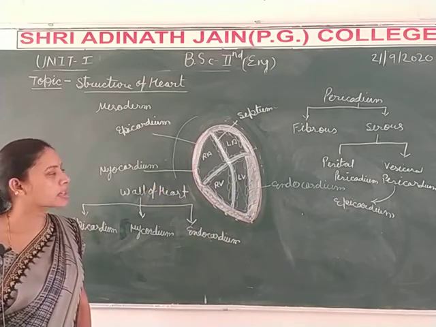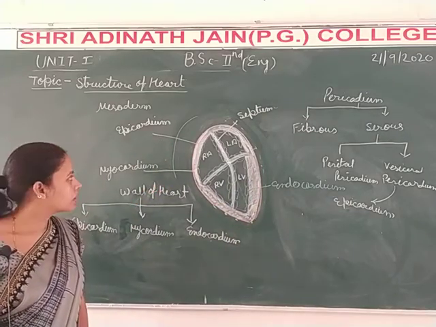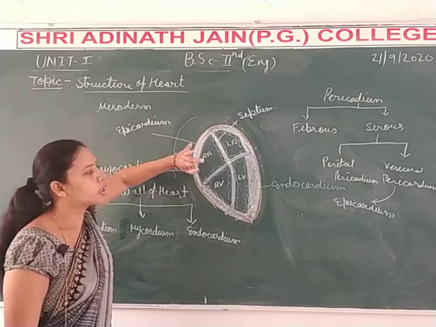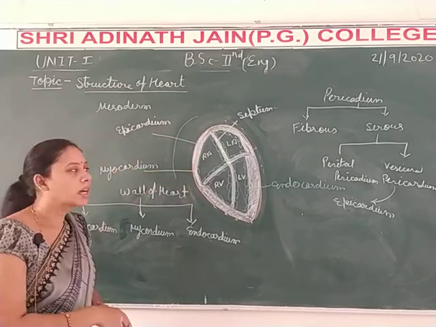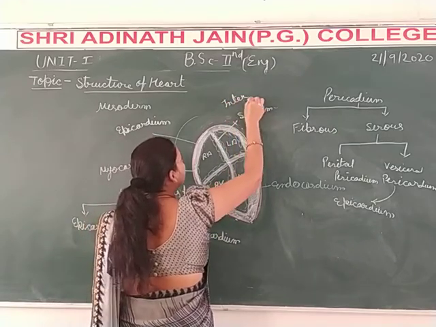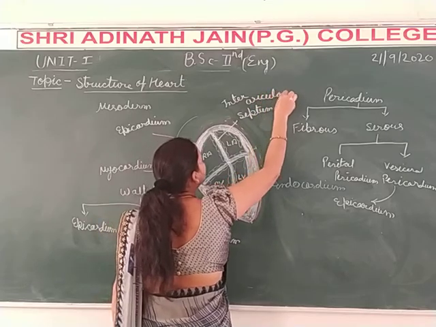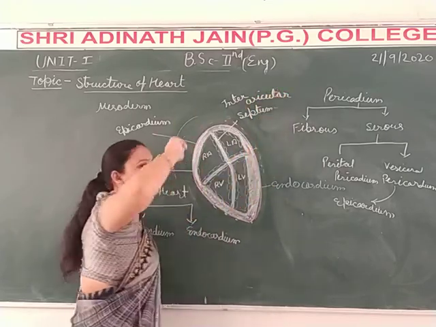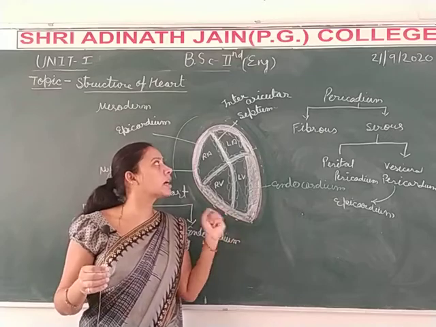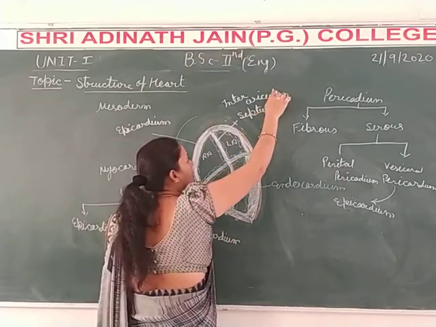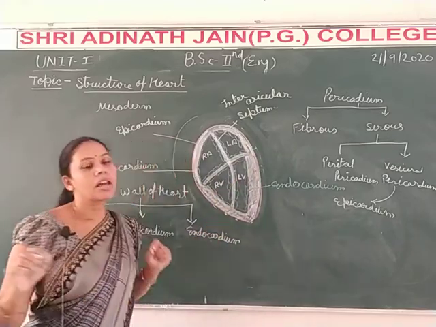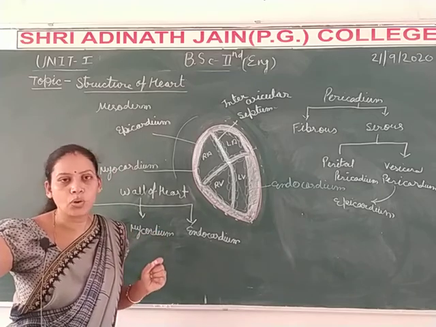The septum between the two auricles is known as the interauricular septum, and the septum which divides the ventricles is known as the interventricular septum.